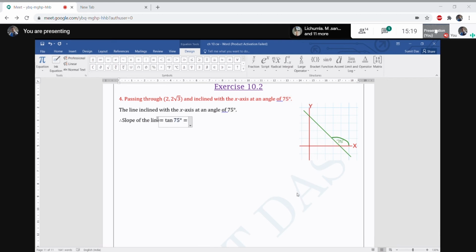So what is the value of tan 75 degrees? Anyone? How to find tan 75 degrees? Any idea? How to find tan 75?